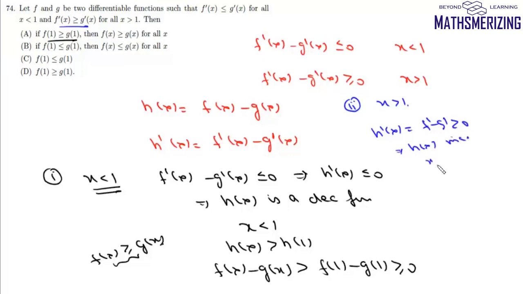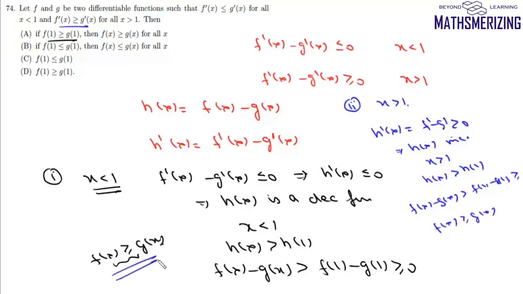So when h(x) is increasing, if x is greater than 1, then h(x) is greater than h(1). Now h(x) is f(x) minus g(x), and it is greater than f(1) minus g(1). Now f(1) is greater than g(1), so it is greater than or equal to 0. So we can write f(x) is always greater than or equal to g(x). So for both the cases, we are getting this result, which is f(x) is greater than or equal to g(x), and that's your option number A.